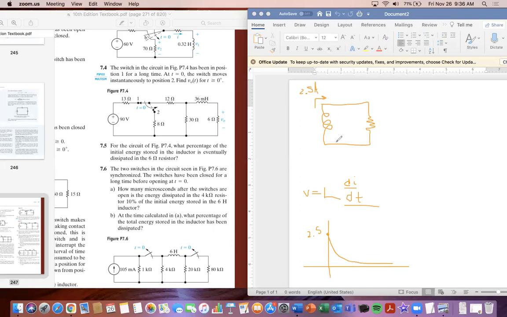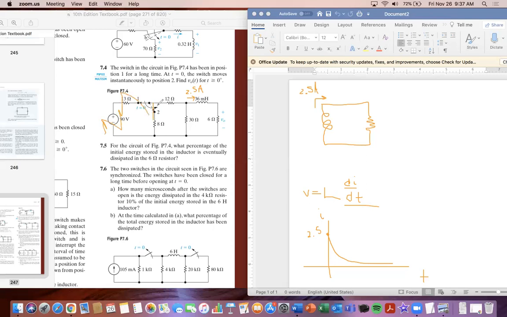Since there's no other source supplying it, this inductor will slowly decrease the current because it can't instantaneously change it to 0. Over time, the inductor is going to lose the current across it. If we have our graph here, this 90 volts is what was giving the current throughout the circuit, and that's what allowed there to be 2.5 amps in this direction. However, once it's shut off here, there's no more connection to that source.